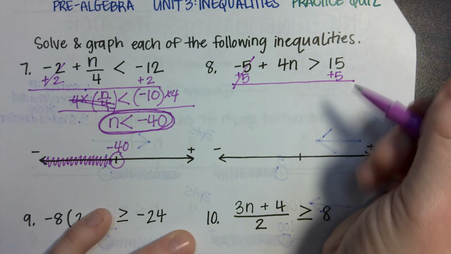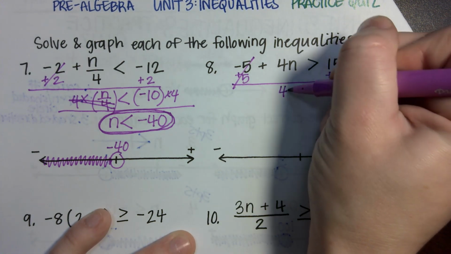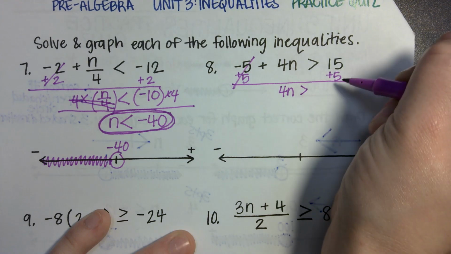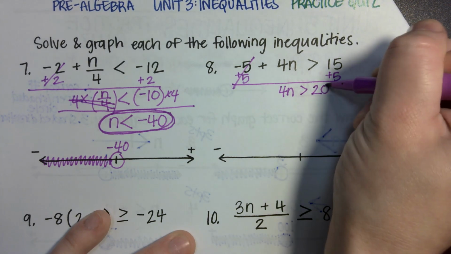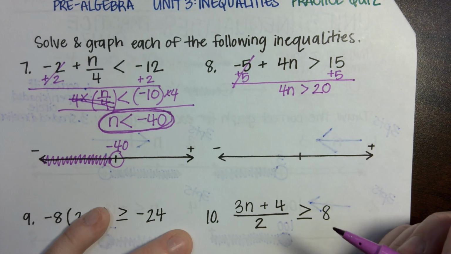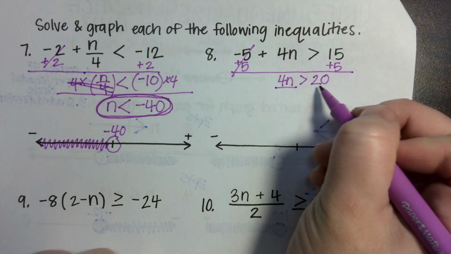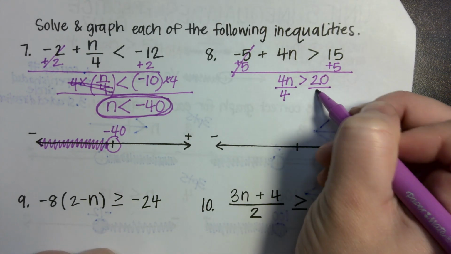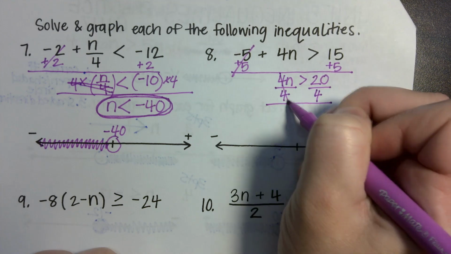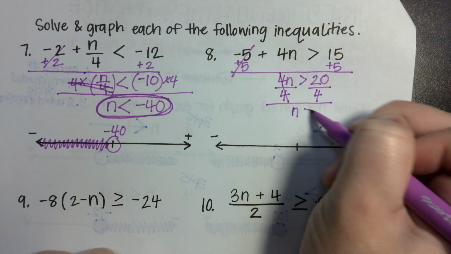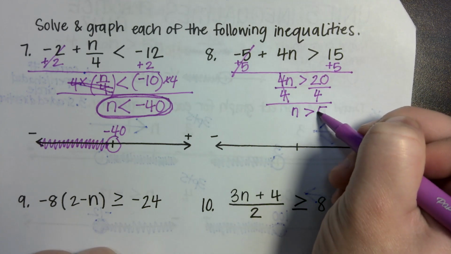Cancel out your 5s. Bring down 4n. It's greater than 20. Good. All right, what's our last step? Divide. Perfect. Divide by 4. And that's going to leave us with n is greater than 5.